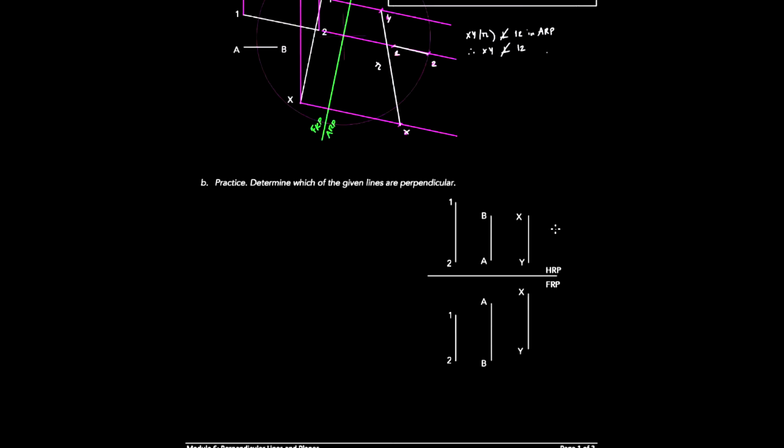skew lines. Usually, when you have parallel lines, and I will backtrack a bit, one of the definitions of parallel lines is that they will always appear parallel in all of the views.